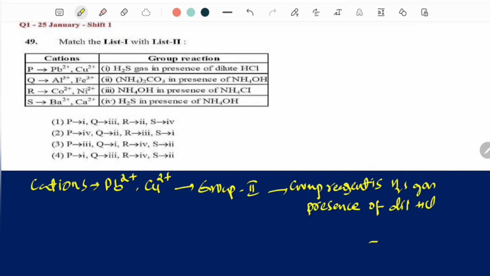Have a look at aluminium plus 3, Fe plus 3. See, Al plus 3 and Fe plus 3, ferric and aluminium plus 3, it is related to group third.